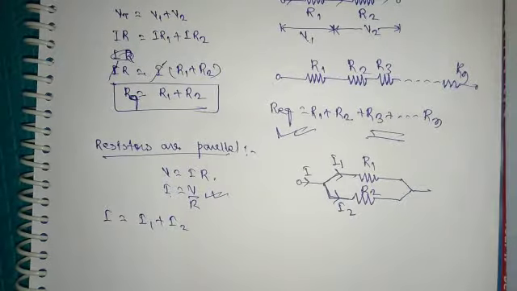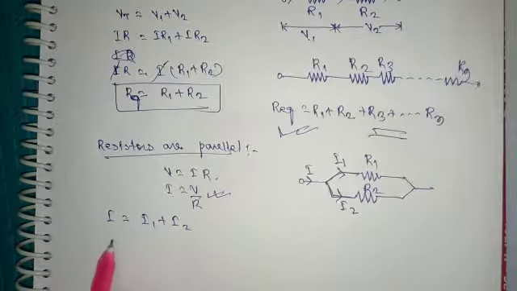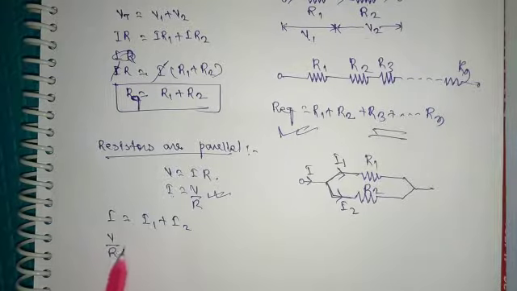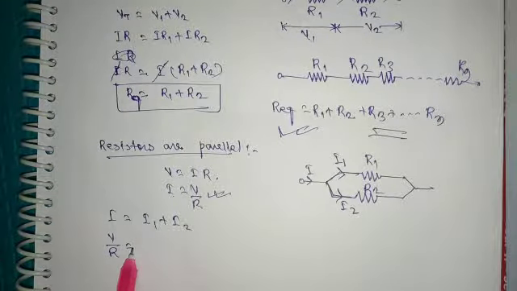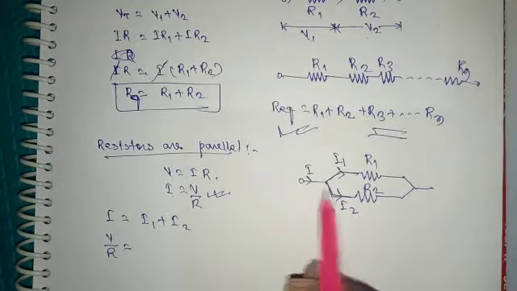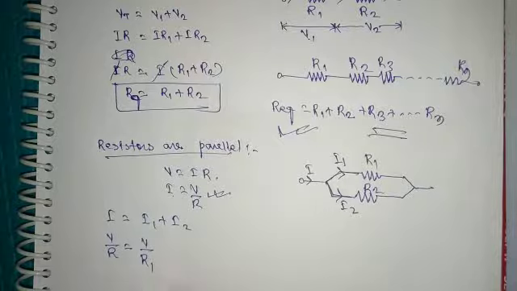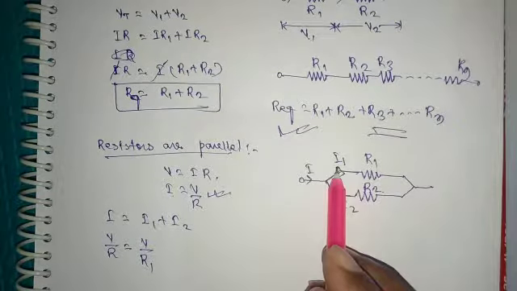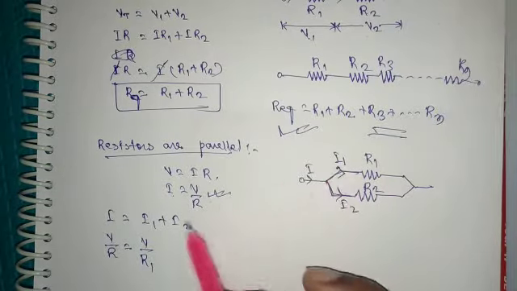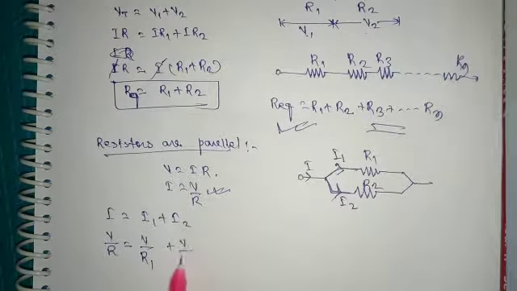The voltage source is the same for the given network, so I1 is equal to V by R1 and I2 is equal to V by R2.